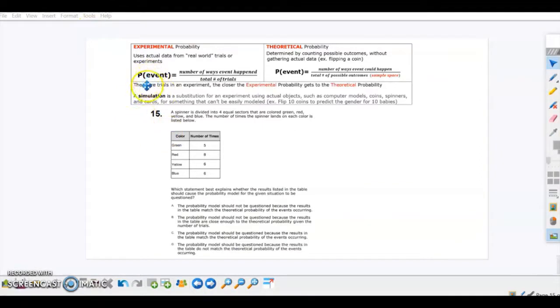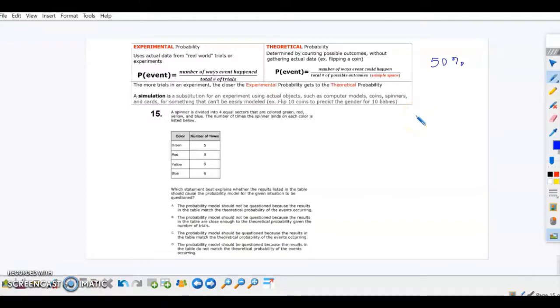Something else that you need to know is that the more trials there are in an experiment, the closer the experimental probability gets to the theoretical probability. So that kind of makes sense when you think about it. If we know that the theoretical probability of flipping a coin and getting heads is 50%, let's say you flip a coin 3 or 4 times.